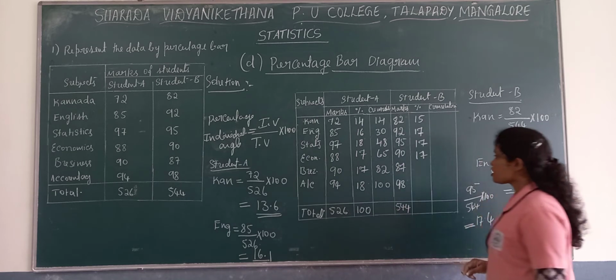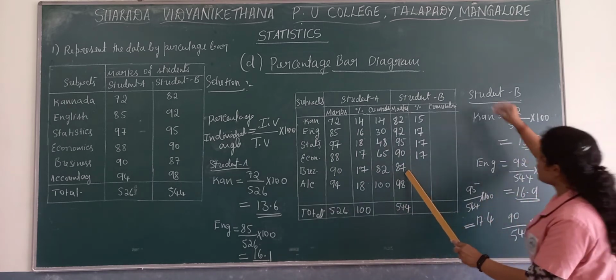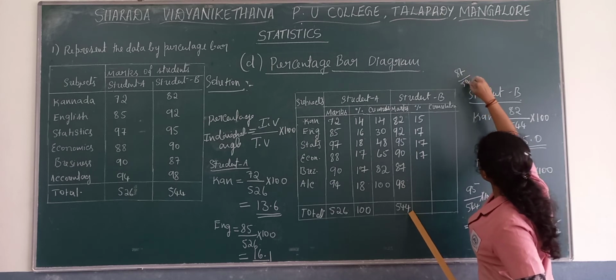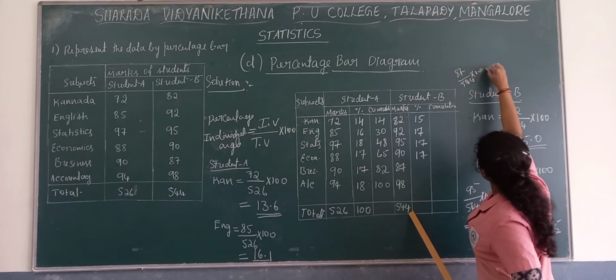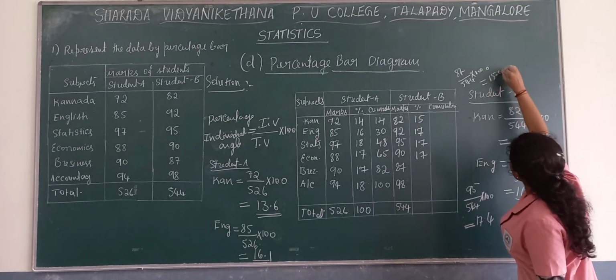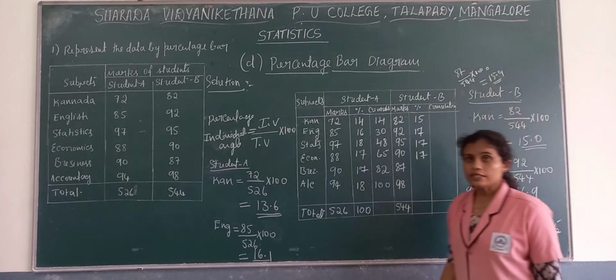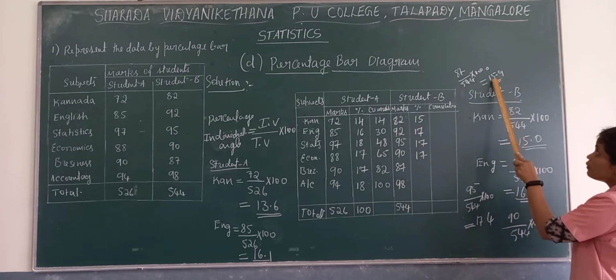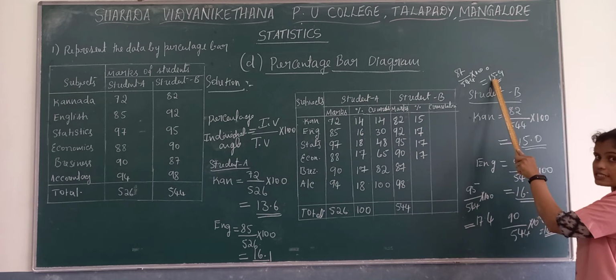Then last but one, here it is 87. 87 by 544 into 100. There we get 15.9. Since it is 9 after the decimal, in order to make a round figure, we can increase it by 1.